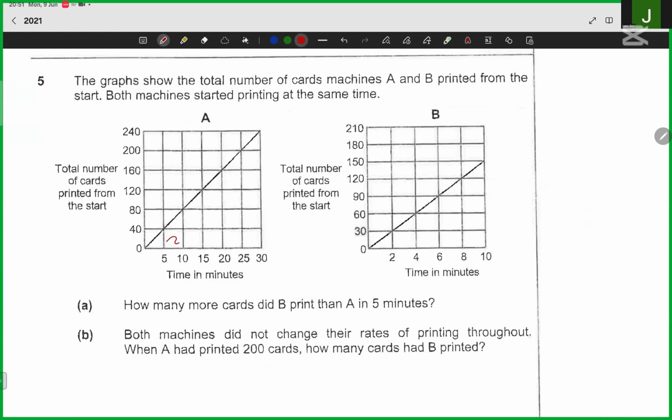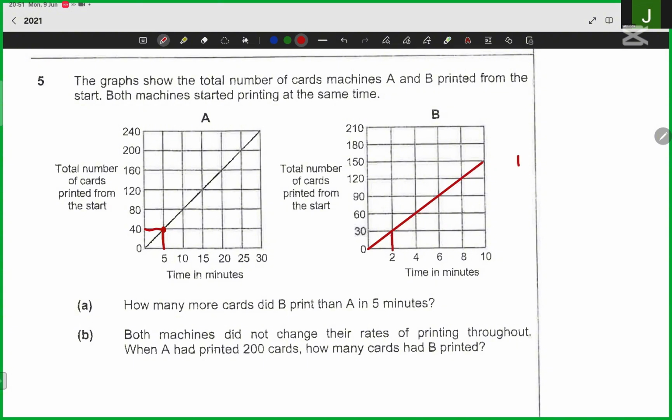So in 5 minutes, A printed 40 cards. How many cards did B print? Wow, this one looks very scary, because we don't know what is the number in between. Never mind. Because this is a straight line up like this, we call this a constant rate.